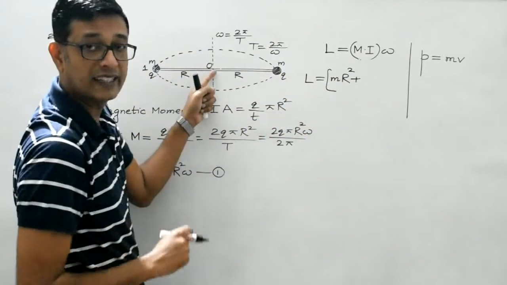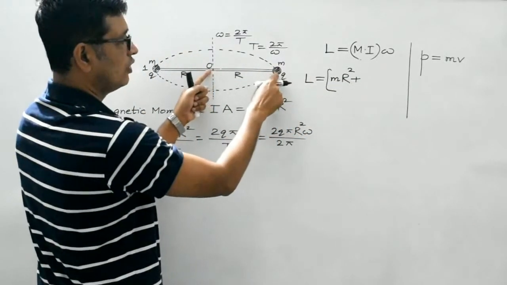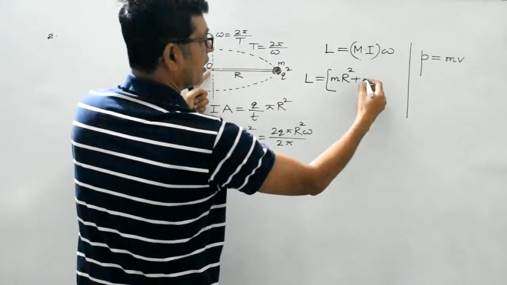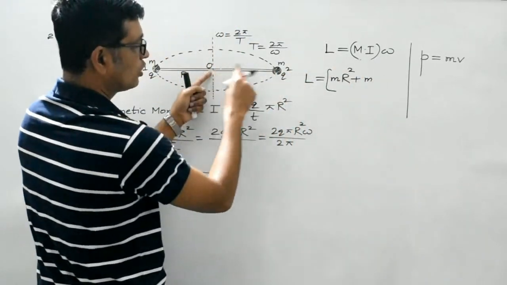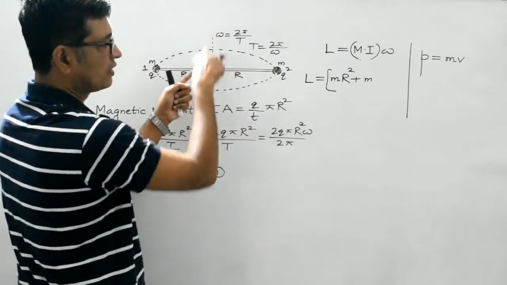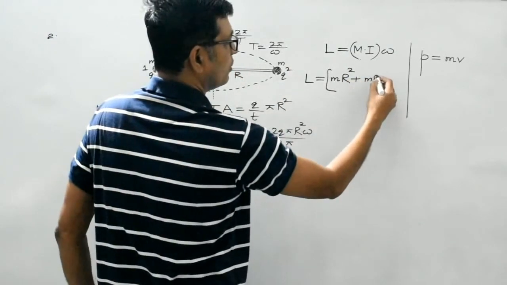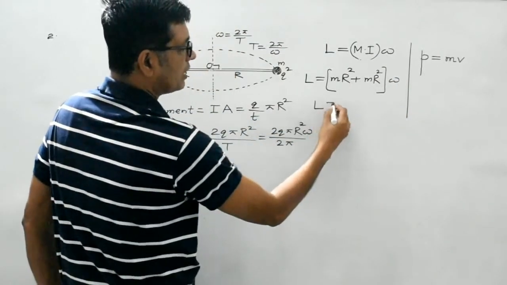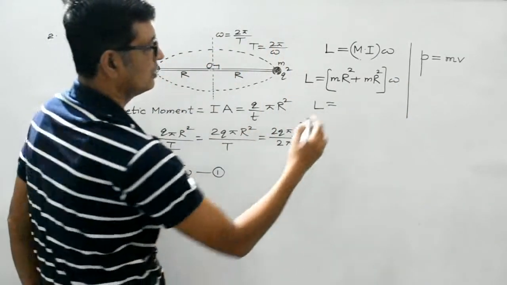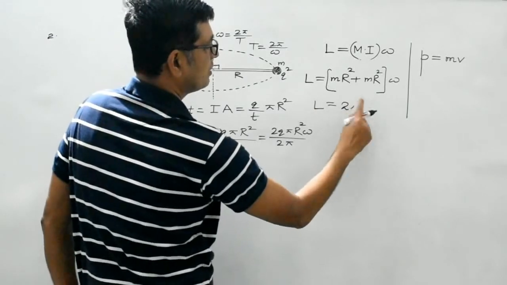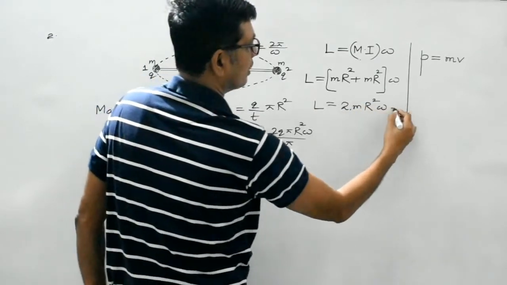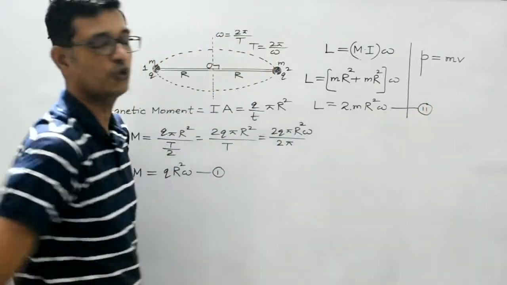Plus, for the second body, the moment of inertia about this axis will again be m multiplied by the square of the perpendicular distance, that is again r square. So students, the angular momentum of this system is twice m r square omega. Put this as equation number 2.